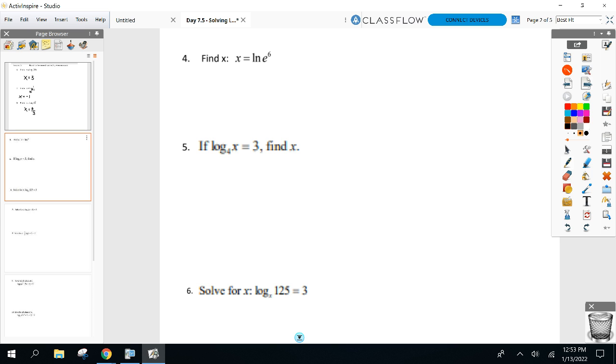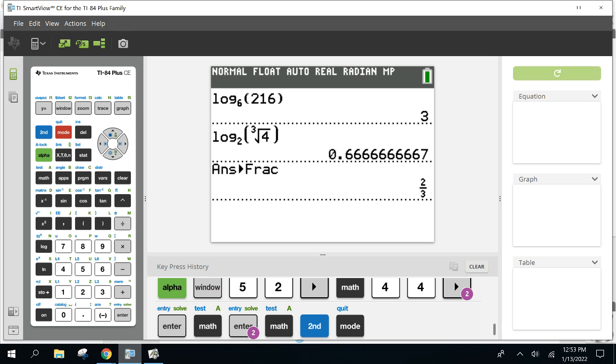ln of e to the 6th. What's up, Sarah? No, it's a natural log. What happens when an ln and an e meet? They cancel each other out. Yep. So you would get x equals 6, but hey, I get it. That's not my expectation for you to know that. So we still can go to your calculator, ln button, right? ln to the left of 4.